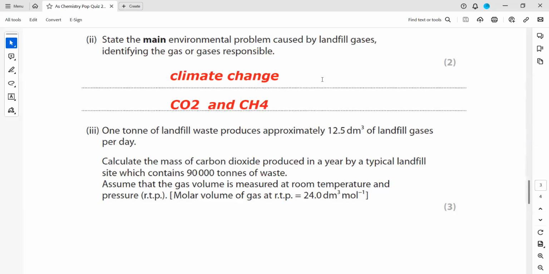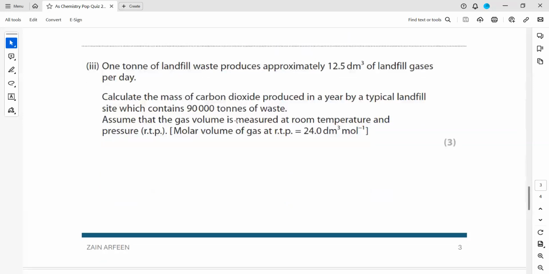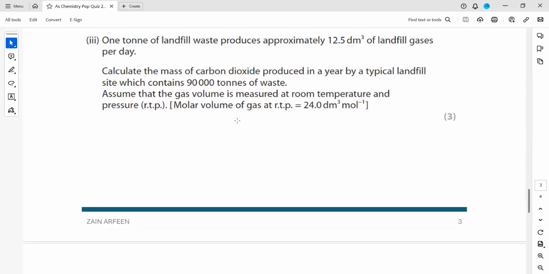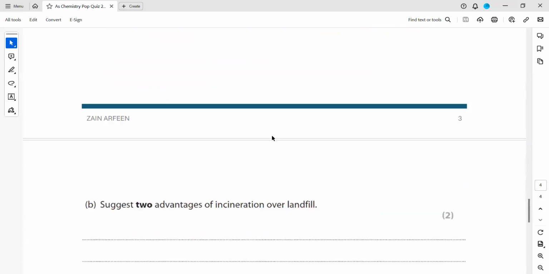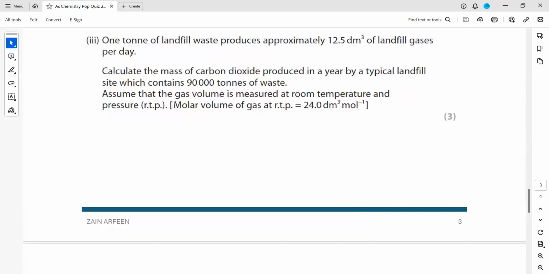Then, 1 ton of landfill waste produces approximately 12.5 dm cube of landfill gases. Calculate the mass of carbon dioxide produced in a year by a typical landfill which contains 90,000 tons of waste. Assume the volume of gas is measured at room temperature and pressure. So how can we work this out?